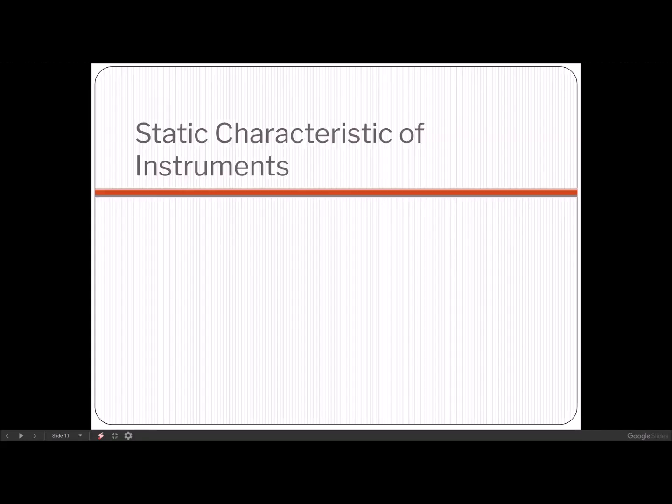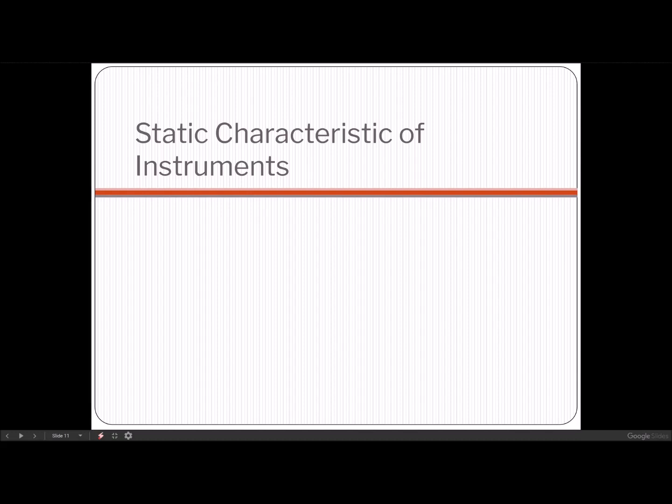Okay, we have already discussed different classifications of measurement devices. Now there are two ways to characterize the property of the instrument: from a static point of view and from a dynamic point of view.